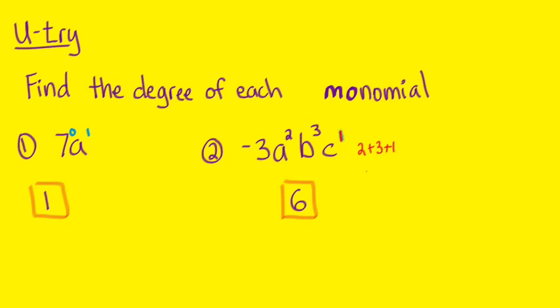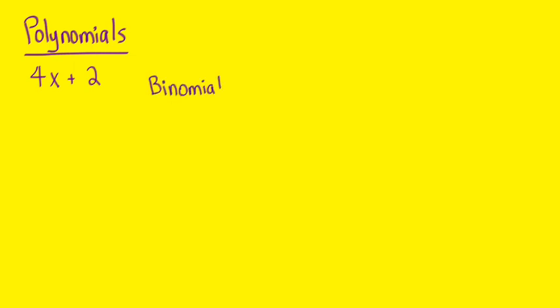All right, now let's talk about polynomials. And polynomials are just more than one monomial, or we're talking about people in a family, right? So if I have 4x plus 2, this is 2 people in this family, or it's a binomial, right? 2 terms.